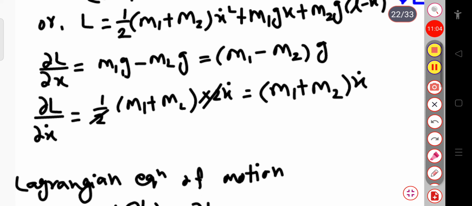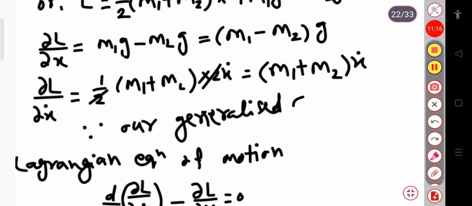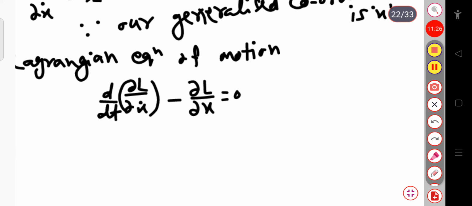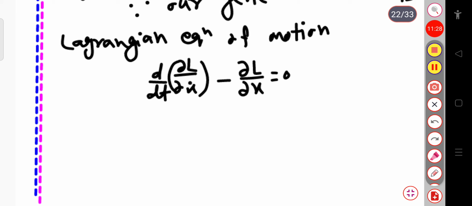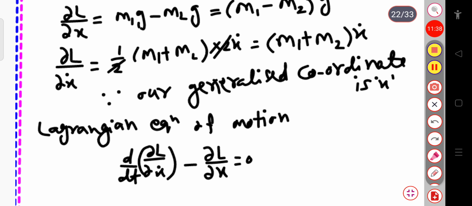Since our generalized coordinate is x, the Lagrangian equation of motion can be written as d by dt of dou L by dou x dot minus dou L by dou x equal to 0. In place of dou L by dou x dot, the value is (m1 plus m2) into x dot.